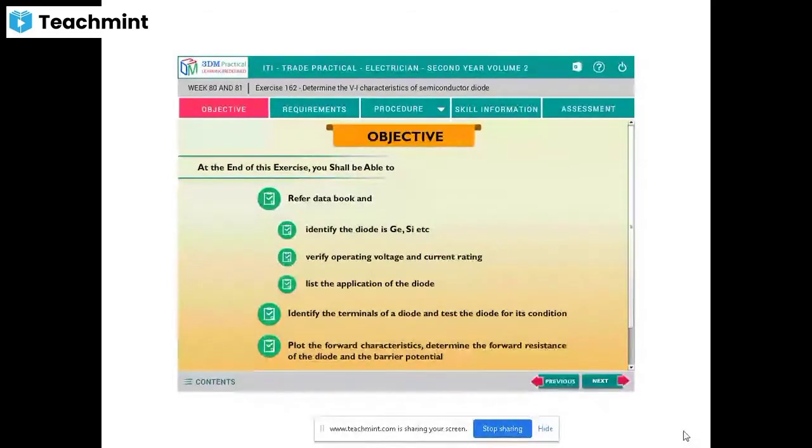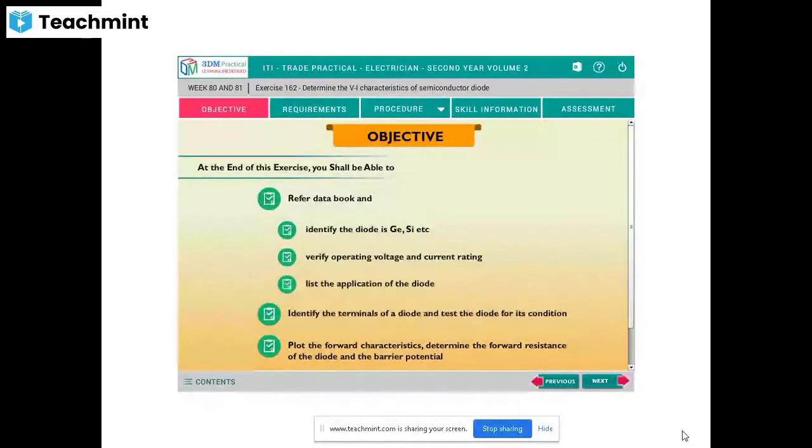So in this exercise, the objectives are, that is, at the end of this exercise you shall be able to refer to the data book and identify whether the diode is germanium, silicon, etc. Verify operating voltage and current rating, list the application of the diode, identify the terminals of the diode and test the diode for its condition, and plot the forward characteristics, determine the forward resistance of the diode and the barrier potential.